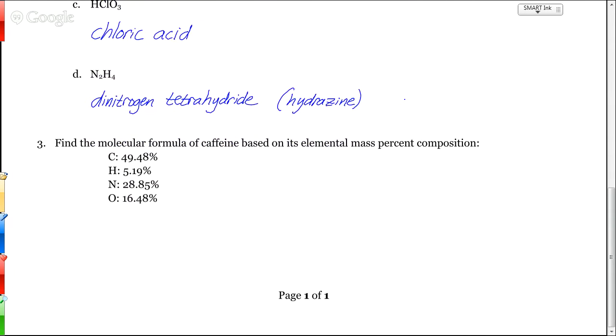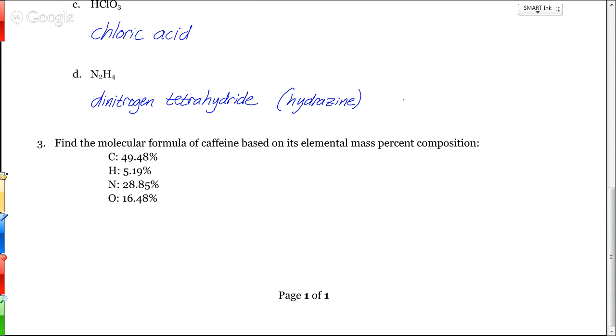Okay, find the molecular formula of caffeine based on these elemental mass percent compositions. So what did you do first? I don't have these numbers, so I'm going to assume someone's right and use your numbers. We'll see. This one looks reasonable. So we've got these various percents of nitrogen. What do we do first?